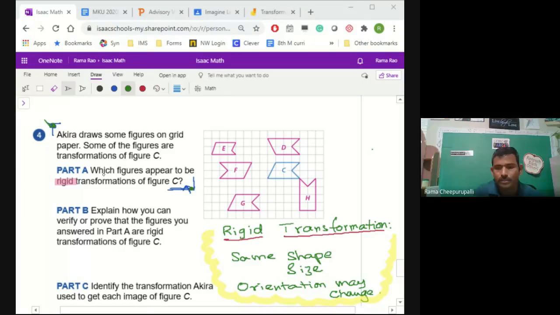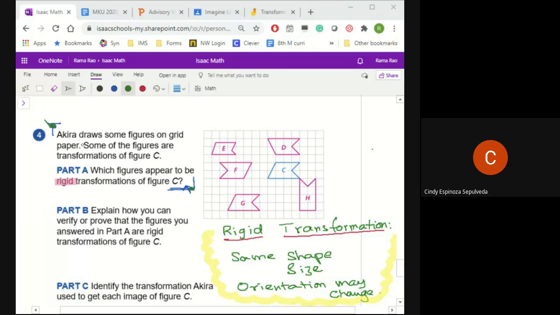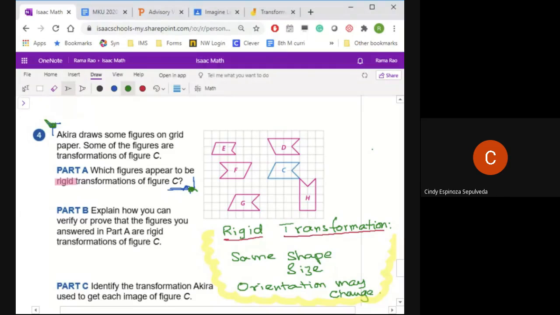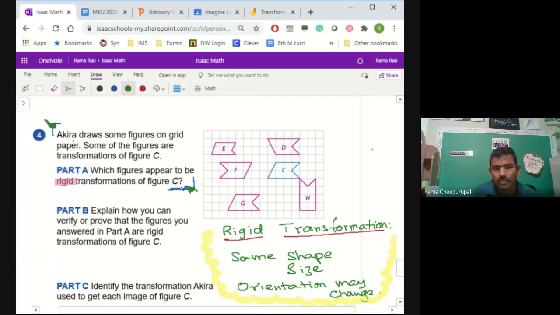Okay. Thank you. Go ahead and read the question from here to here. Okay. Part A, which figure appears to be a translation of figure C? That's good. Thank you. I really appreciate it.